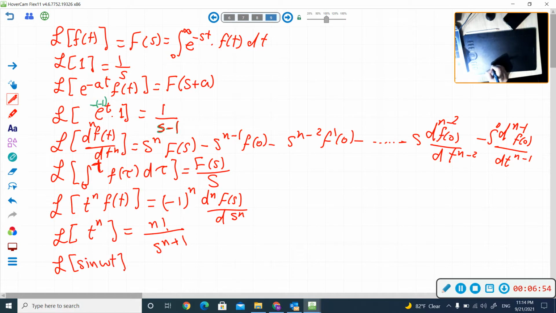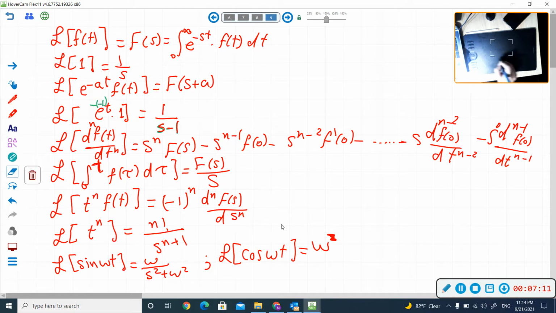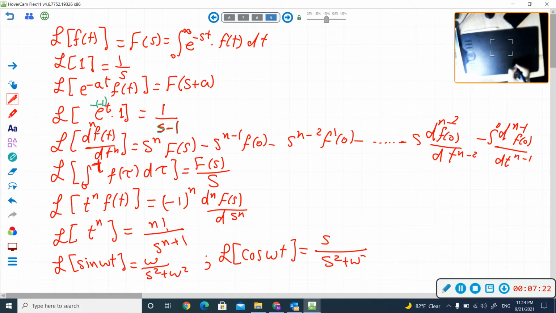Sine omega t is equal to omega divided by s squared plus omega squared, and the Laplace transform of cosine omega t equals s divided by s squared plus omega squared.